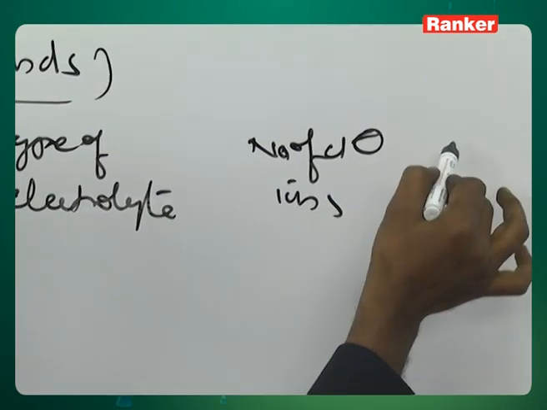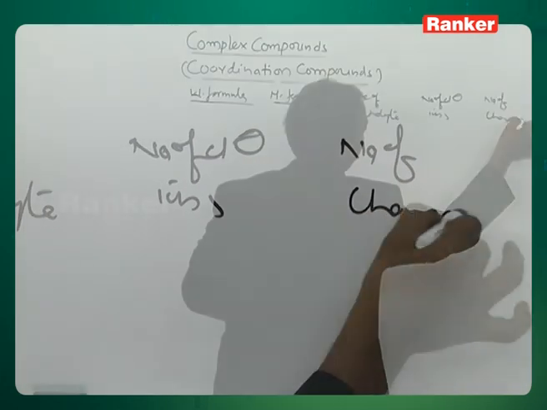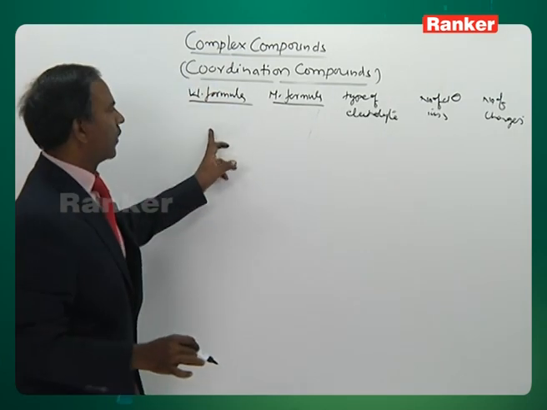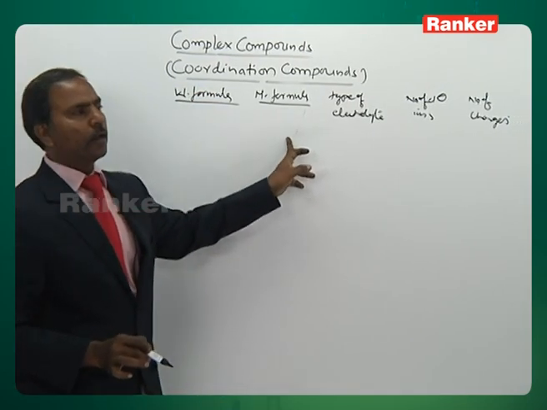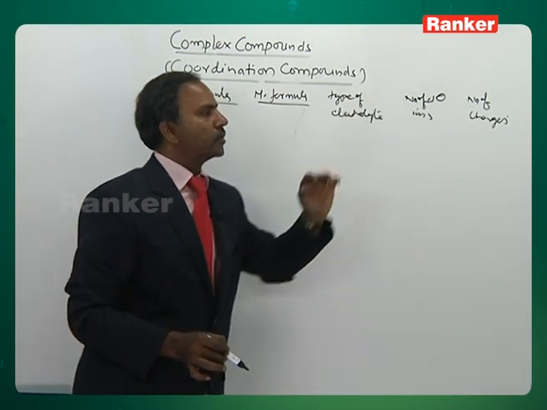Let me write one more column, number of charges. For each complex, let us see what the Werner formula is, what the modern formula is, what the type of electrolyte is, the number of chloride ions produced, and what the charges are.